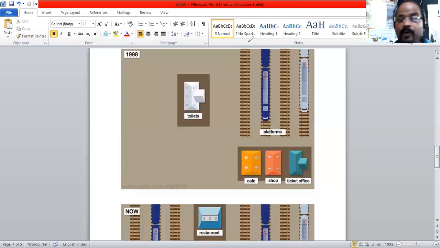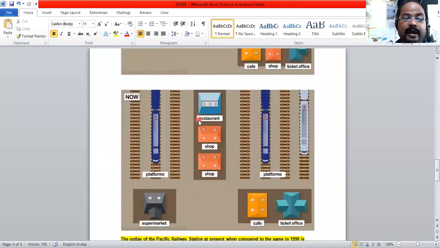But when you go ahead and see the present, you can see tremendous changes there. In addition to the 4 platforms, we have a 5th, 6th, and 7th platform here.